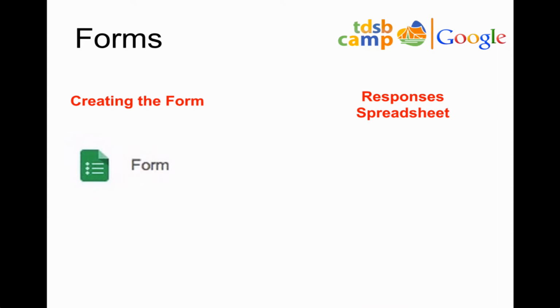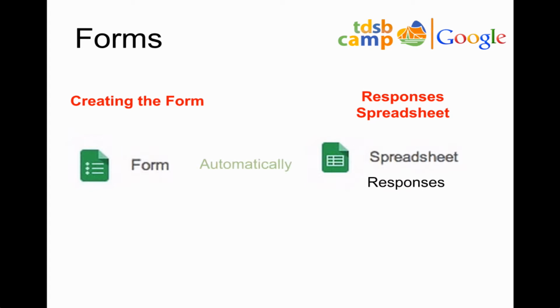When you create a form, Google Docs will automatically make a spreadsheet for you to hold the responses. That's usually a good thing. You make the form, and it makes the container, the back end, automatically for you.